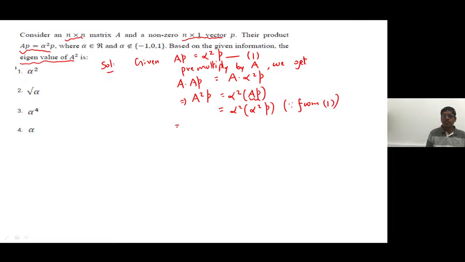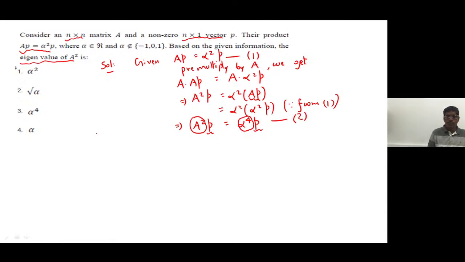So this simplifies to: left side no change, A square P; right side alpha power 4 times P. Let us denote this as equation 2.